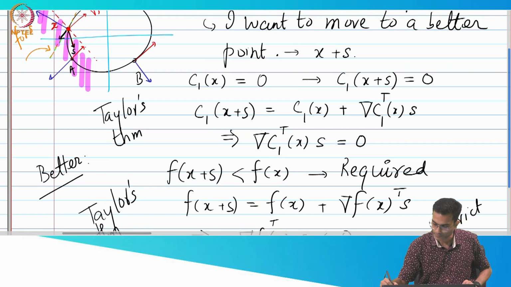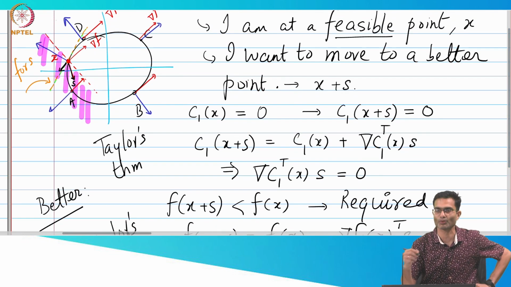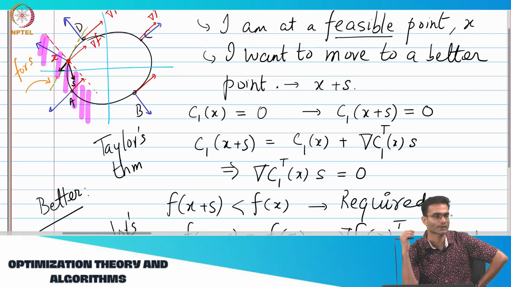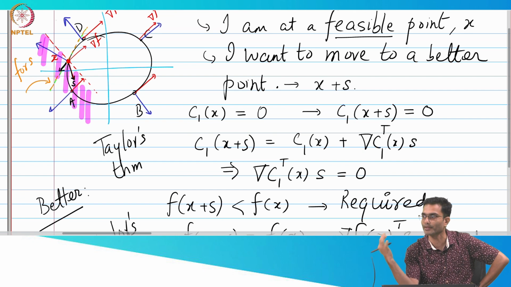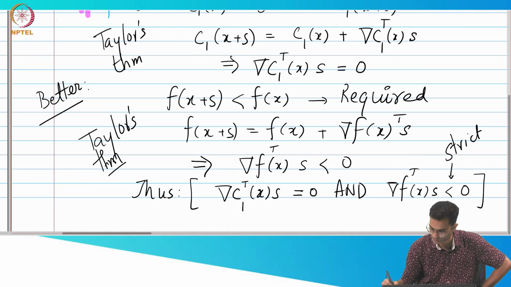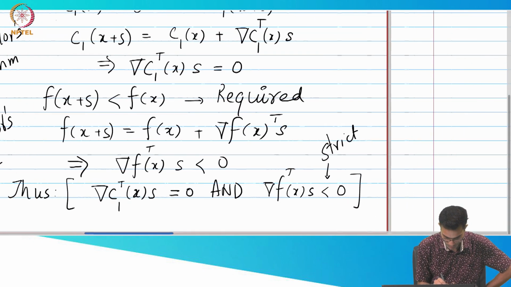Now, having understood this, what is the next logical question we should ask? When to stop? I can keep doing this, but I should now come up with a signature of when to stop.